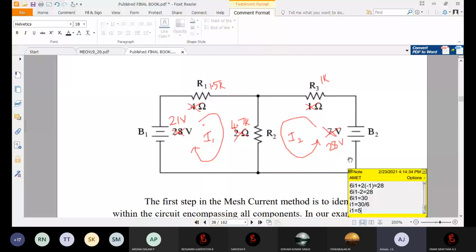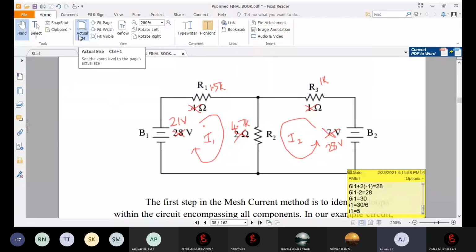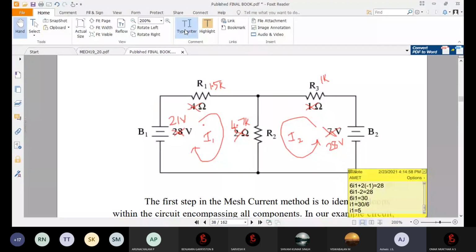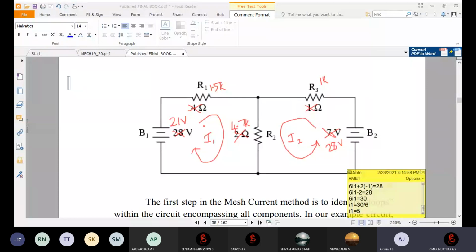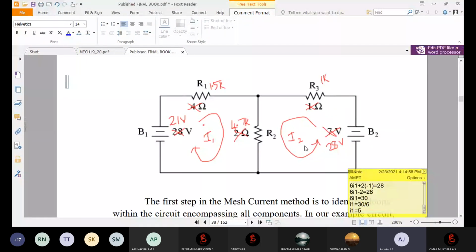Anyone complete the first equation and tell me the equation. I will write it here. 21 minus 1.5 I1 minus 4.7.